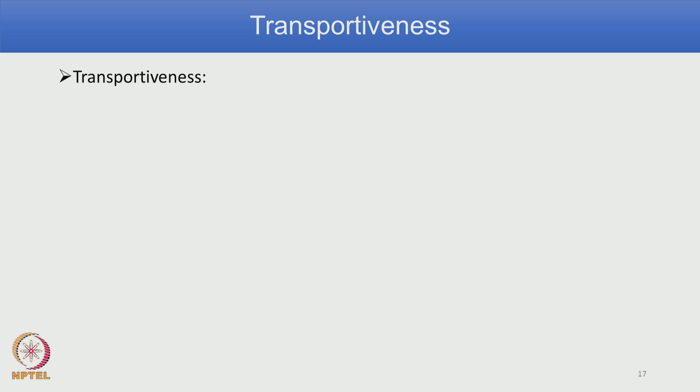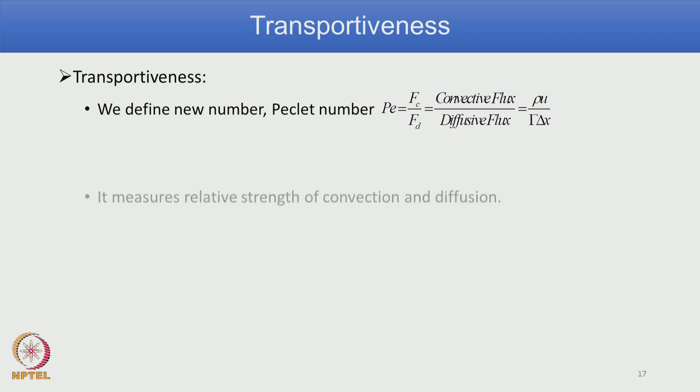So, we go on to the third property, what is known as transportiveness. For this, we define a new number, known as the Peclet number, usually given by the letters Pe, and it is a ratio of convective flux to diffusive flux.